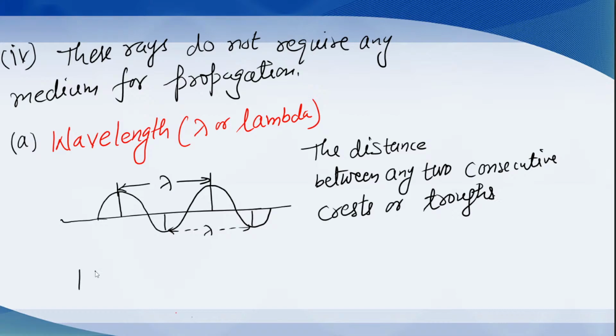And it is expressed in units like angstrom, picometer, nanometer, micrometer. 1 angstrom is 10 raised to power minus 10 meter. Micrometer, or we can say micron, is 10 raised to power minus 6 meter.